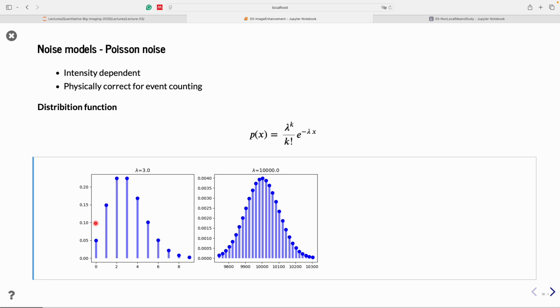This model changes the shape of the distribution depending on how intense the beam is. You can see here that this one is quite skewed for lambda equal to 3, while if you go to lambda 10,000, it looks almost like a Gaussian, which again means that in that case you may be good with the Gaussian model. But there are cases when you actually need the exact model to get the best results.